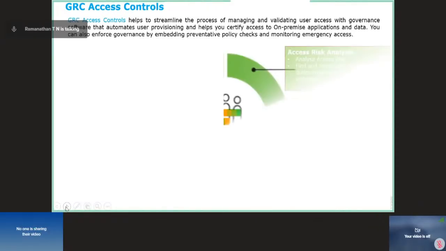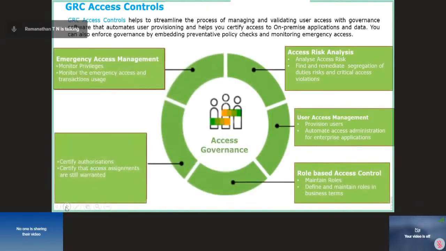Drilling down onto the access controls, I shared with you the ICFR or Sarbanes-Oxley compliance, trying to make sure the SOD library is in place, and the exceptions to the SOD are being assessed and then analyzed. On an ongoing basis, those roles are properly provisioned and defined. So that's the access controls part of it.